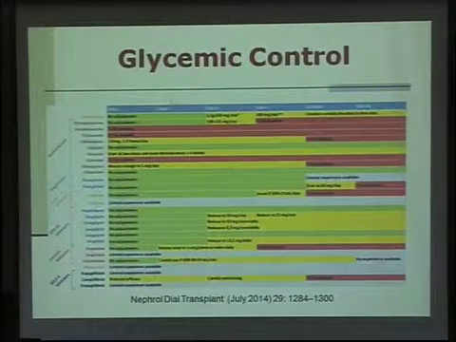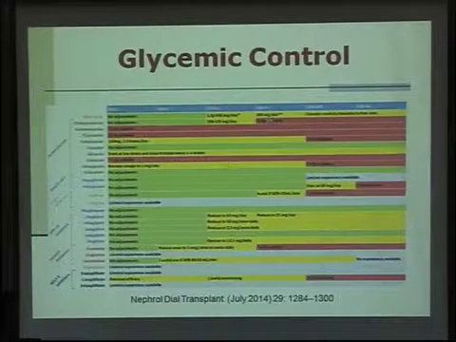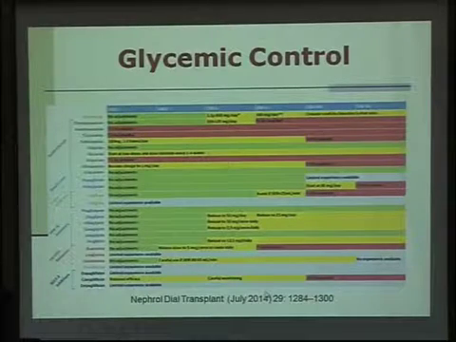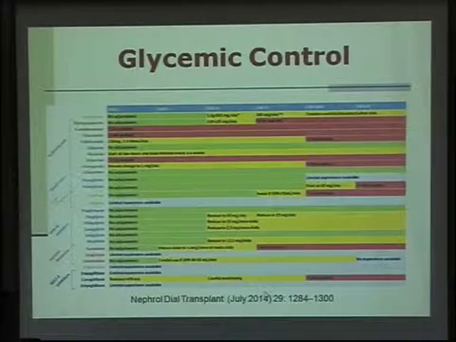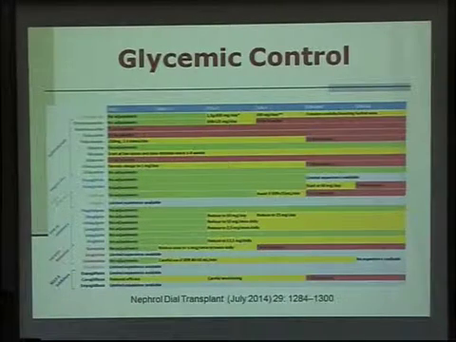If your patient is stage 3, be limited to this dose. And currently, this was published in 2014. Currently, there are some reports about mortality with the use of metformin in stage 4 and 5. So in stage 4 and 5, don't use metformin.